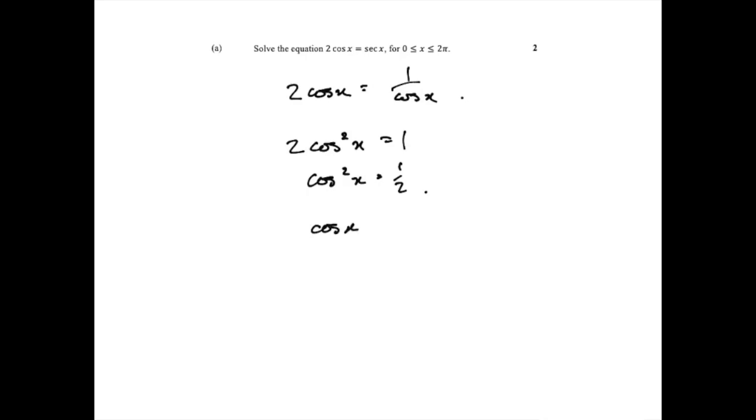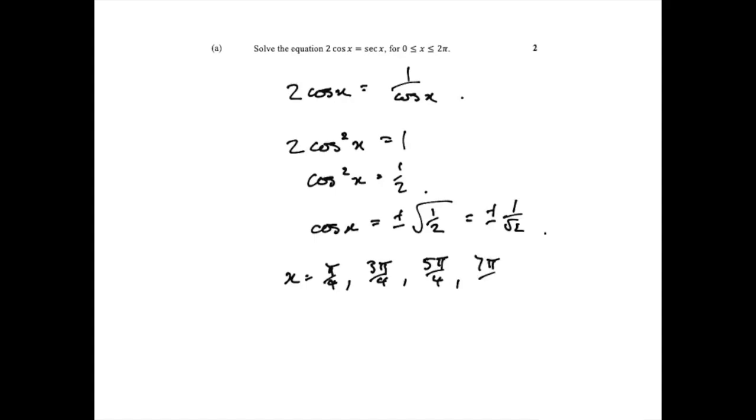When I take a square root, I must make sure I take a plus minus, which is, of course, plus or minus 1 over root 2. Now that is one that we know, so it just means every quadrant, so it's pi on 4, 3 pi on 4 in the second quadrant, 5 pi on 4 for the third quadrant, and 7 pi on 4 for the fourth quadrant.